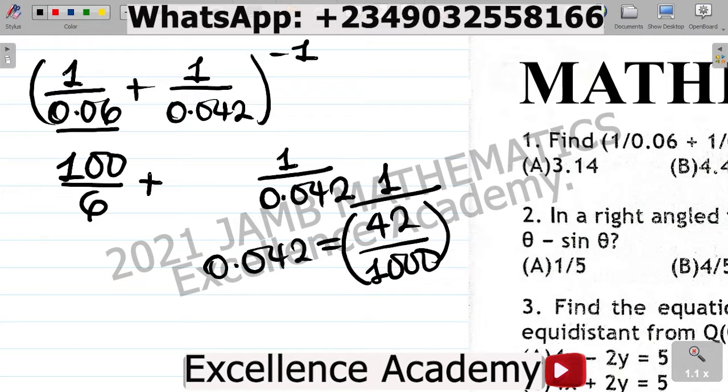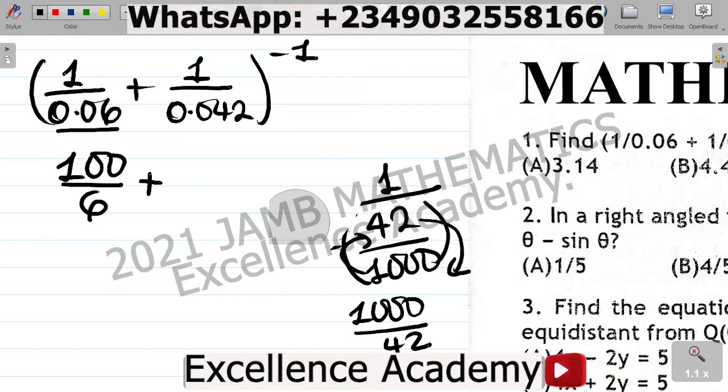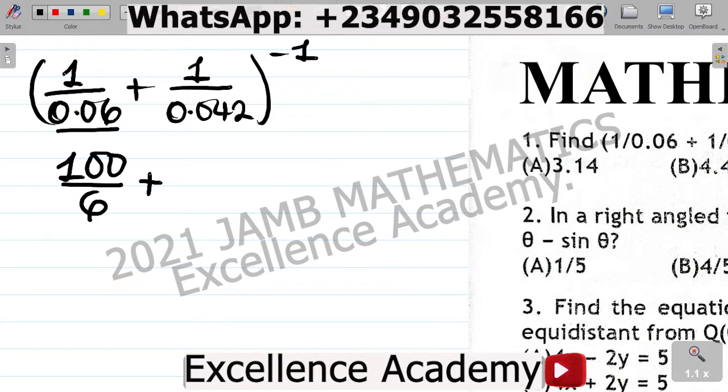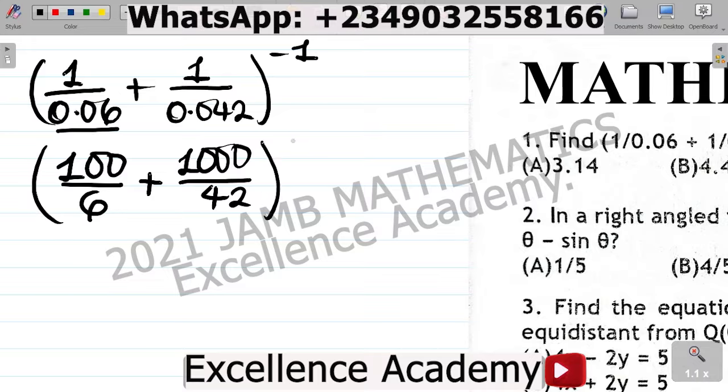As we said earlier, if I take the inverse of the fraction, the denominator goes up and the numerator comes down. So it becomes 1000 all over 42. I have this, of course, all raised to the power minus 1. So here's the first thing you want to note.